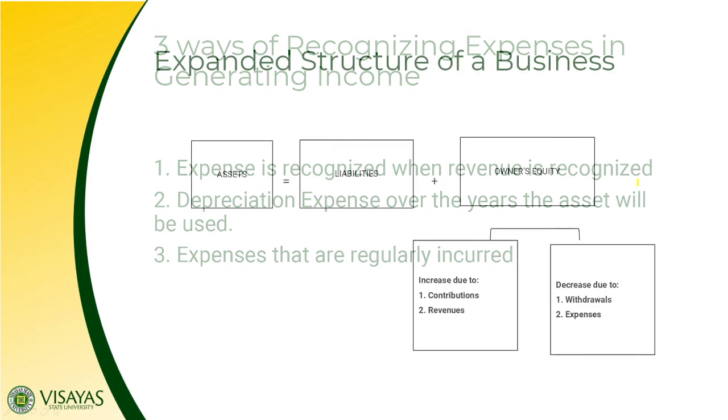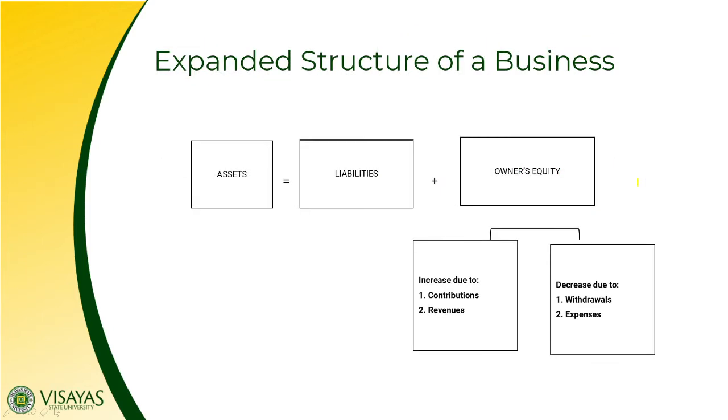Here you can see the expanded structure of the accounting equation with the owner's equity affected by four elements.